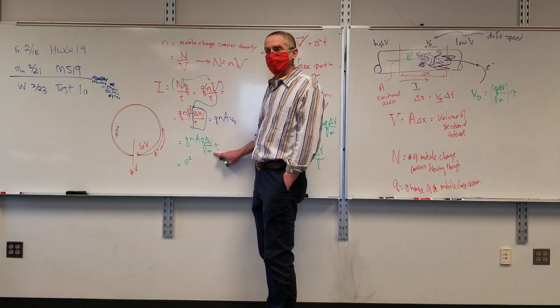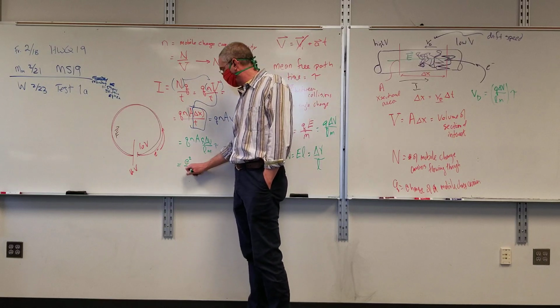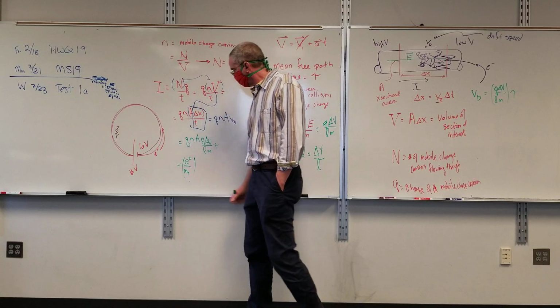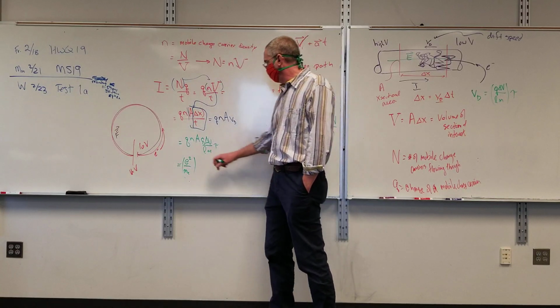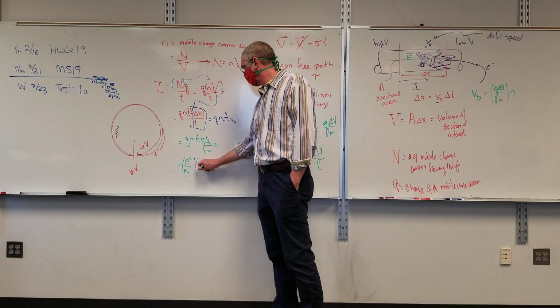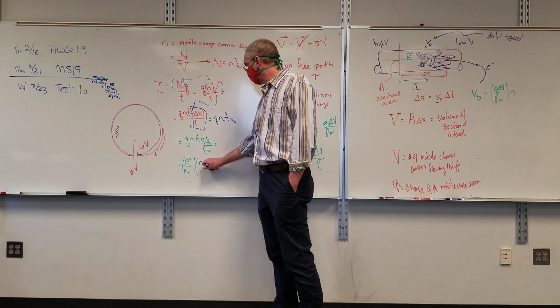This mass here would be the mass of the particle, which is the mass of the electron, so I'm going to stick that down here, so that's mass of the electron. And then I have N here, and tau.